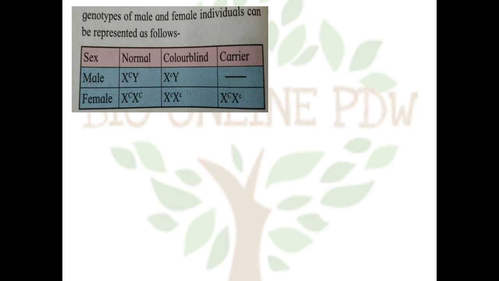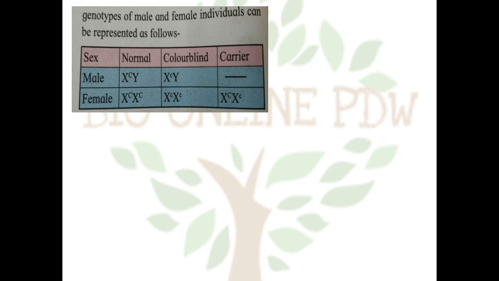The genotypes of male and female individuals can be represented as follows. The males who are normal, that is having normal vision, have genotype X capital C Y. Those who are colorblind show genotype capital X small c Y. Carrier males are not there.